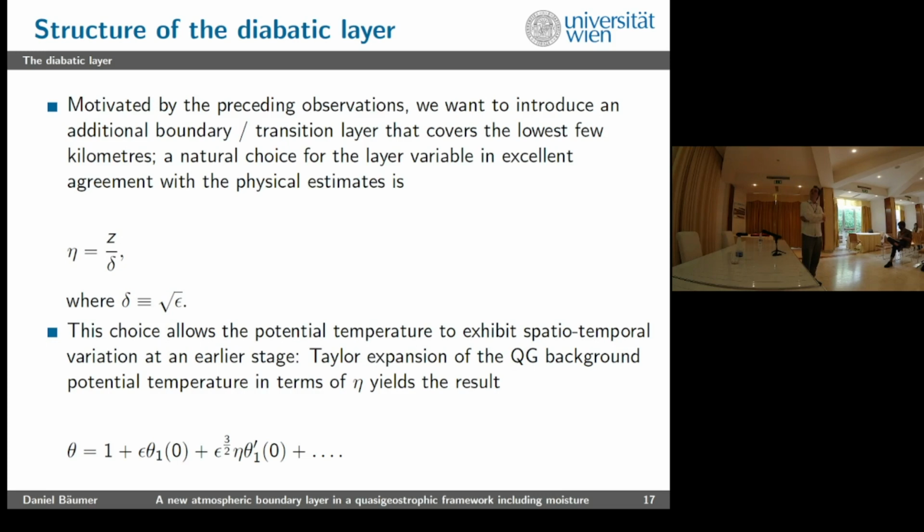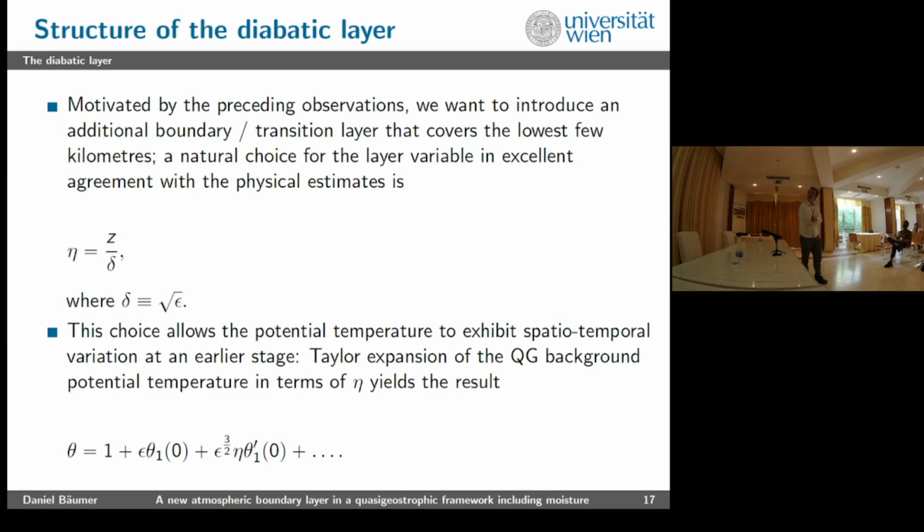And for that, a natural choice for a layer variable is just rescaling set by the square root of epsilon. Right, so with the physical estimate of epsilon that I mentioned before, this gives us about 3 kilometers, a little more than that. So it's an excellent agreement with what we physically aim at.